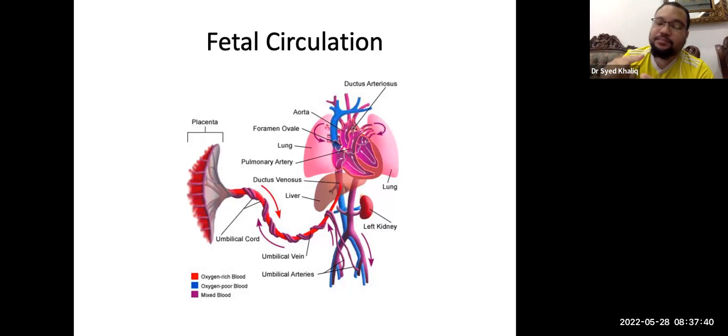Number one, reduced pulmonary resistance because there's no more fluid inside the lungs compressing the blood vessels. Number two, increased partial pressure of oxygen in the lungs because they're now filled with air rather than fluid. This is a very good vasodilator, causing vasodilatation in the pulmonary vasculature, and this vasodilatation reduces the pulmonary resistance. What does it cause? It reduces the pulmonary pressure.